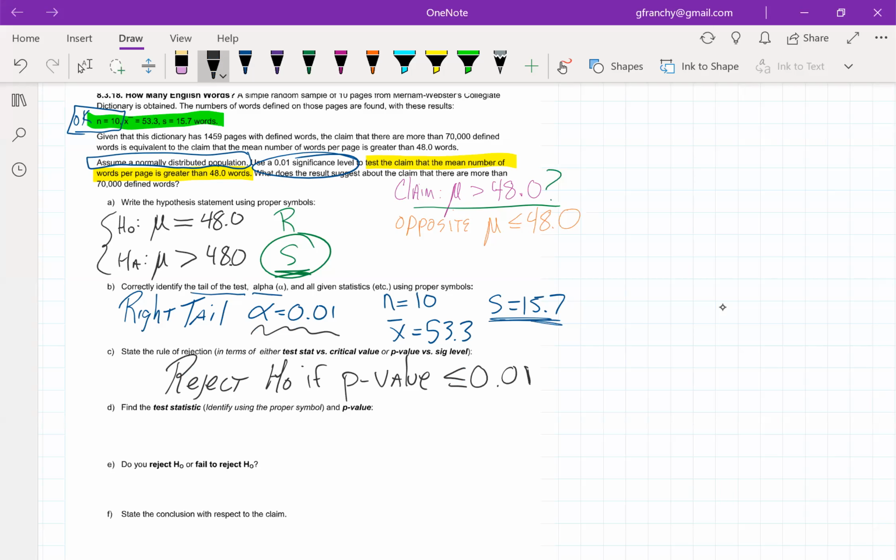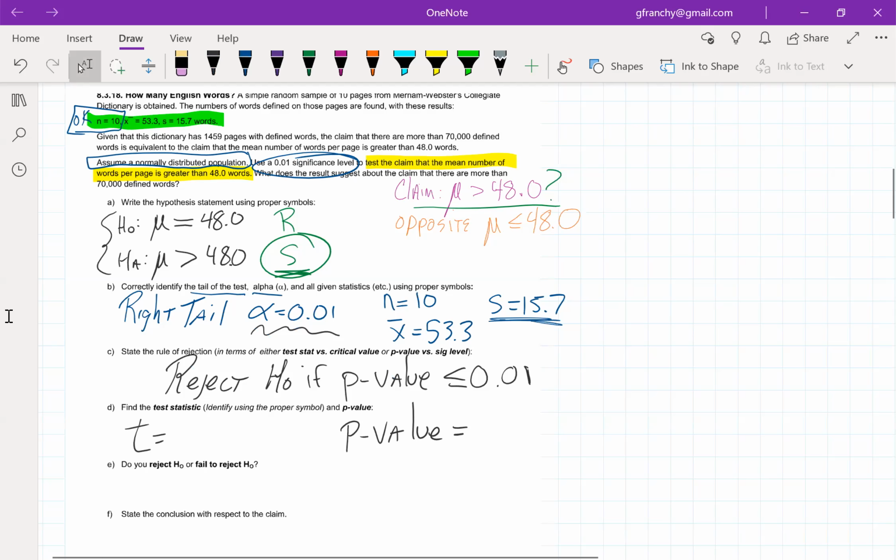So our test statistic here, well, Statdisk would tell us that it's t if you didn't know already. And then we're also going to need the corresponding p-value there. So at this point, we're ready to head on over to Statdisk and put in our information. So let me switch our screen here over to Statdisk.